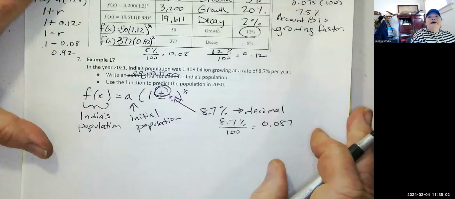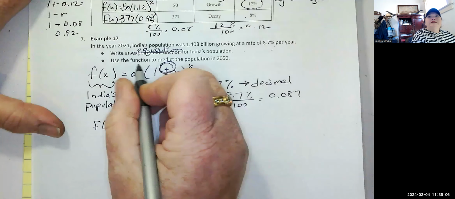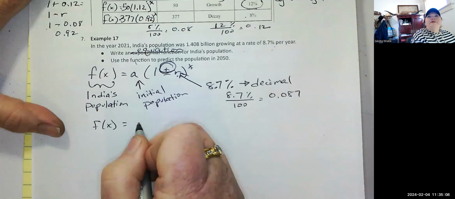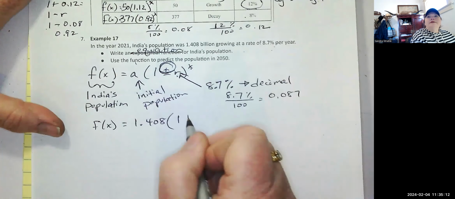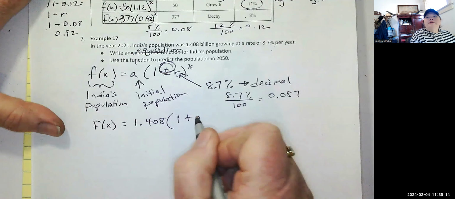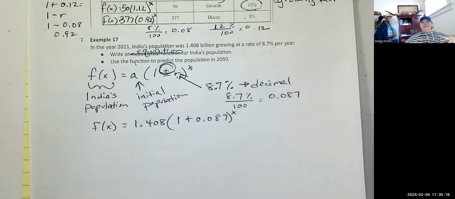So I'm going to say India's population is, the initial population is 1.408 billion times (1 plus 0.087) to the x. Okay. Here's where Mom and I disagree. Mom is my open math, and they will accept this answer. I will not.